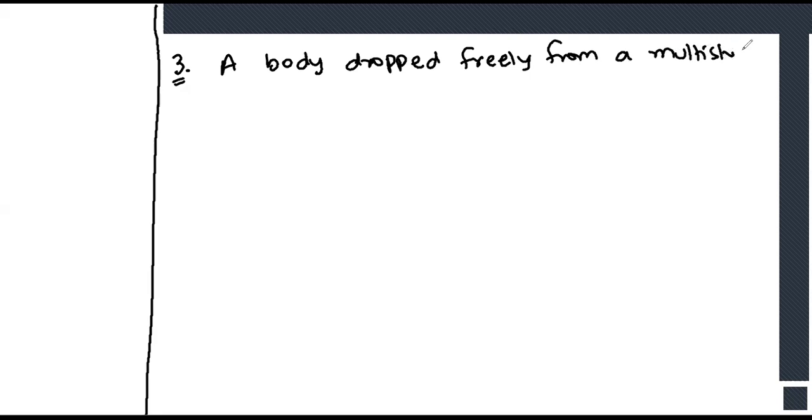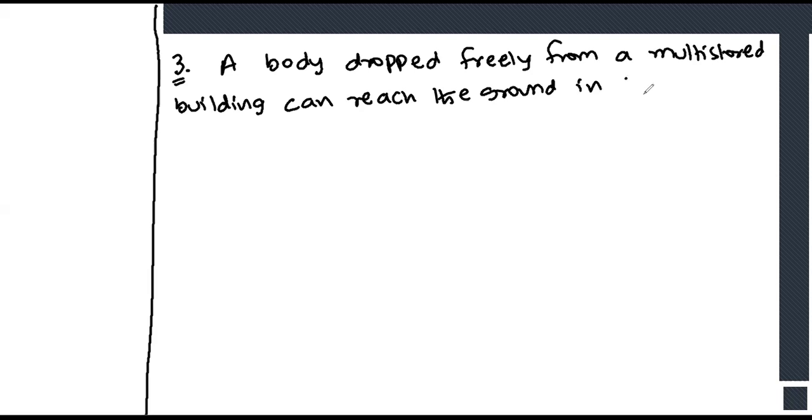A body dropped freely from a multi-storied building can reach the ground in T1 seconds.